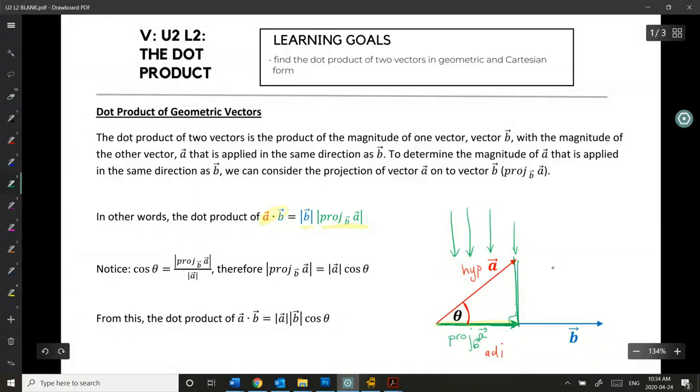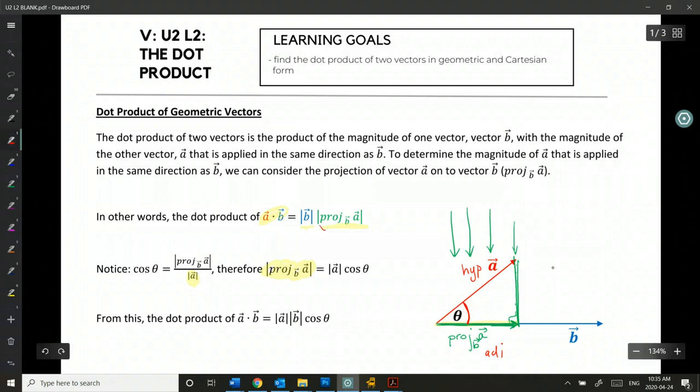Okay, I'm looking at this right triangle right here. Basically what I'm doing is taking the magnitude of the projection of A onto B, which is the adjacent side, over the magnitude of vector A, which is the hypotenuse. Then rearranging, if I multiply this magnitude up onto the other side, we get that the projection of A onto B is the magnitude of A times the cos of theta.